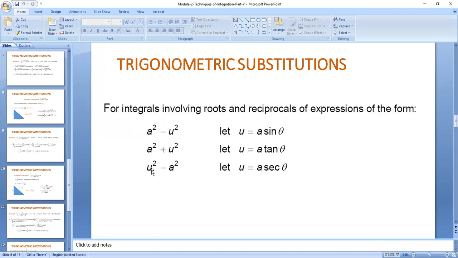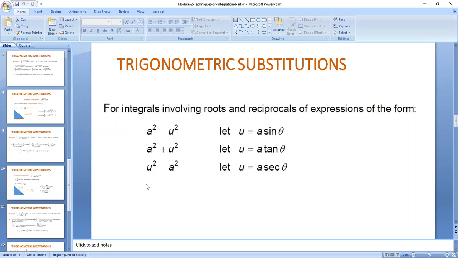Now, if it's plus, it doesn't matter whether you have u squared plus a squared or a squared plus u squared, because we know that in addition, the order is not important. So your substitution equation should be u equal to a tangent of theta.